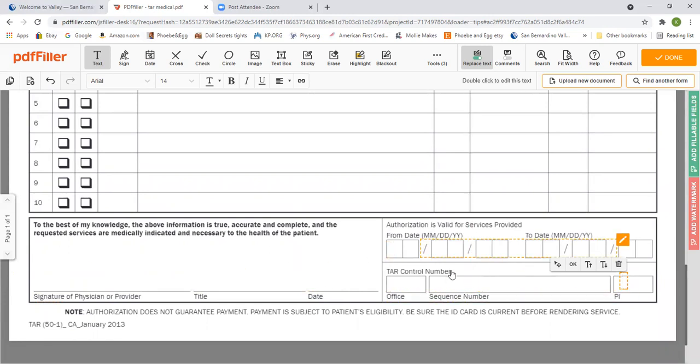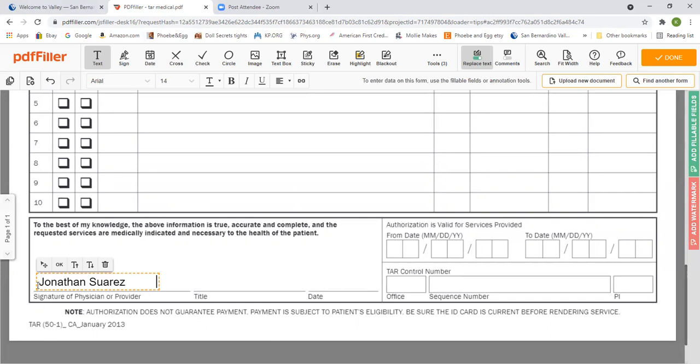But this is filled out by the Medi-Cal authorization people. So we don't fill anything out there. Here you want the signature of the physician or the provider. So you can sign your name to this TAR form. Let's say that it's being filled out by Jonathan Suarez.